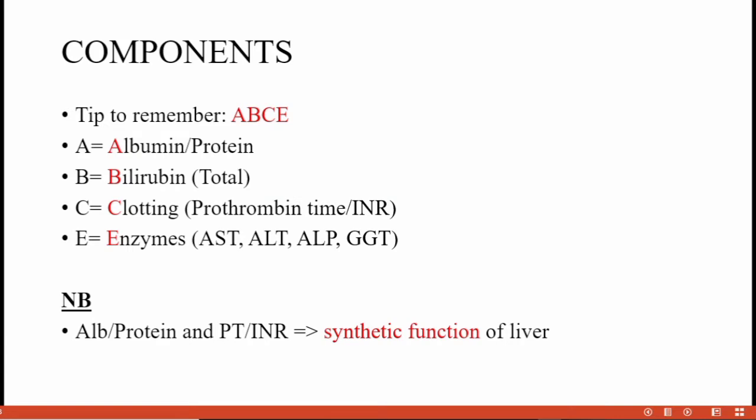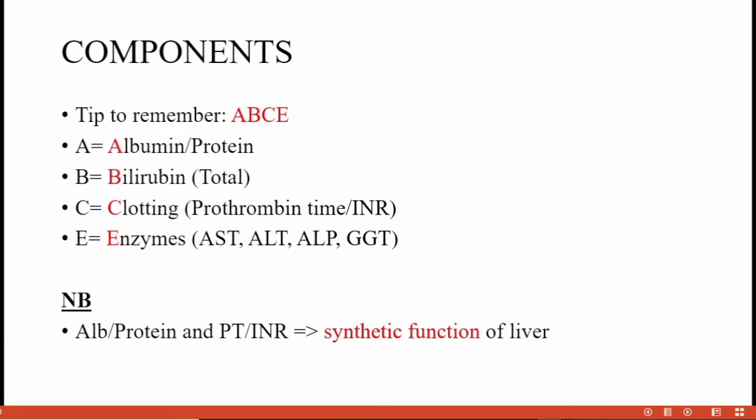Then for the enzymes, these enzymes are expressed in hepatocytes. We have the AST, which is the aspartate transaminase or aspartate aminotransferase. Aminotransferases work in amino acid metabolism. They transfer an amino group from the amino acid to another element or another functional group.